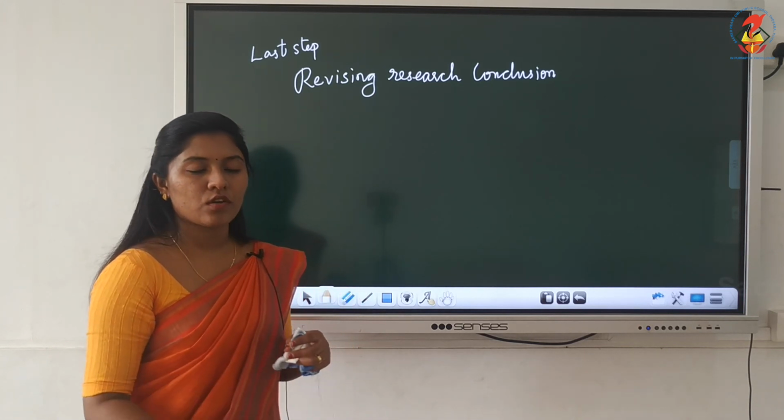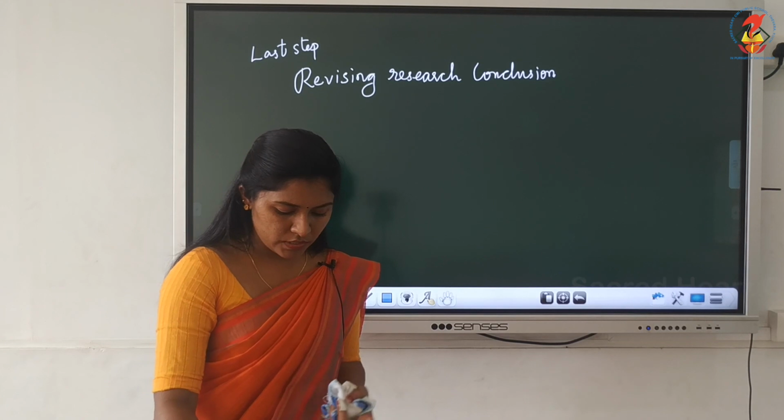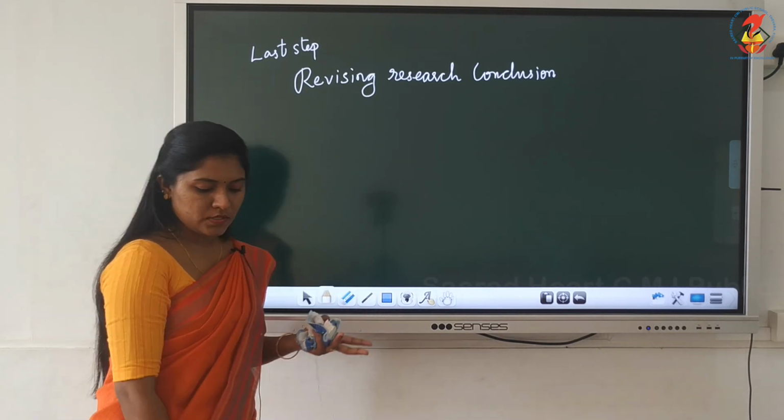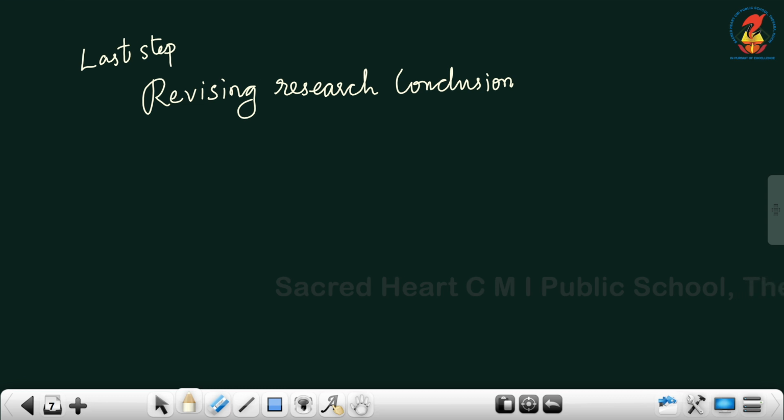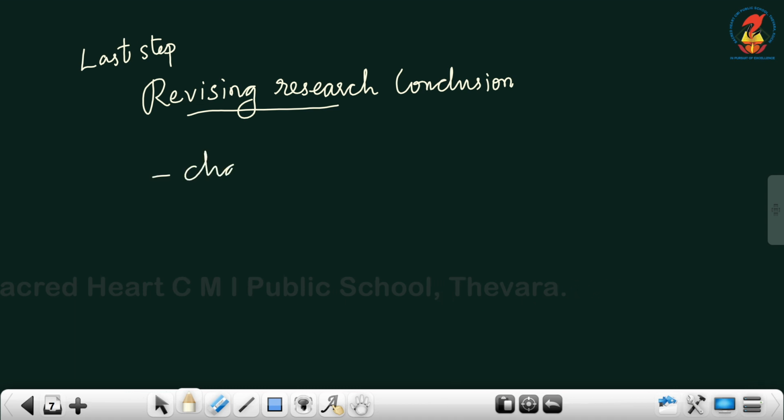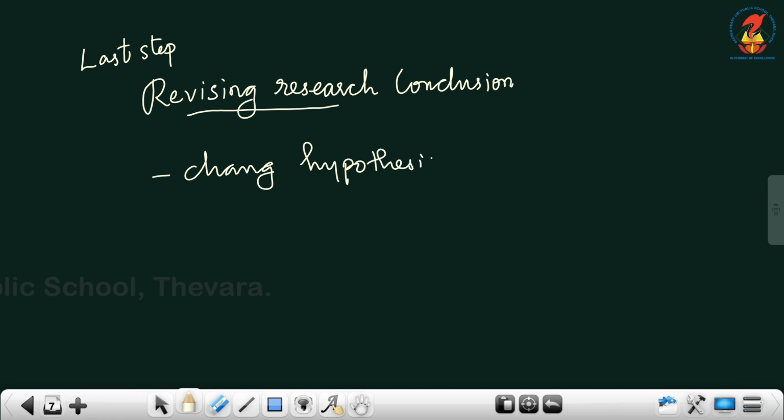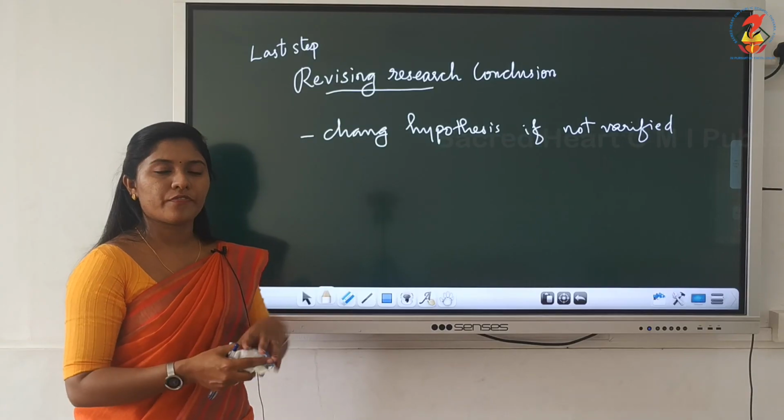Suppose the conclusion you have derived through your research has not verified your hypothesis, then you have to change the hypothesis and make an alternative hypothesis. Then you will have to follow the steps from the first itself.